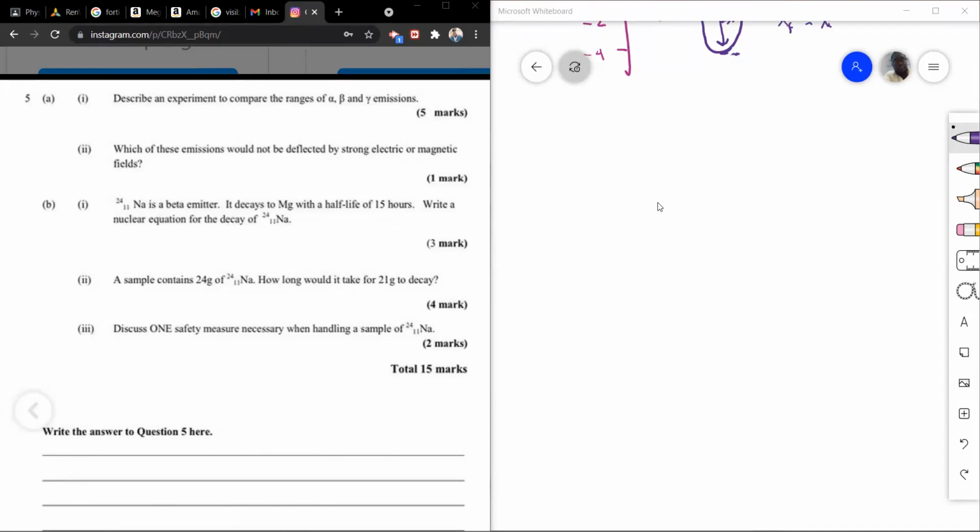Not really, because the deflection test, the electric field one, is looking at how an electric field affects the emissions, and the magnetic field one deals with how the magnetic field affects the emissions. You understand? So we could look at the absorption to see how far these things can travel.